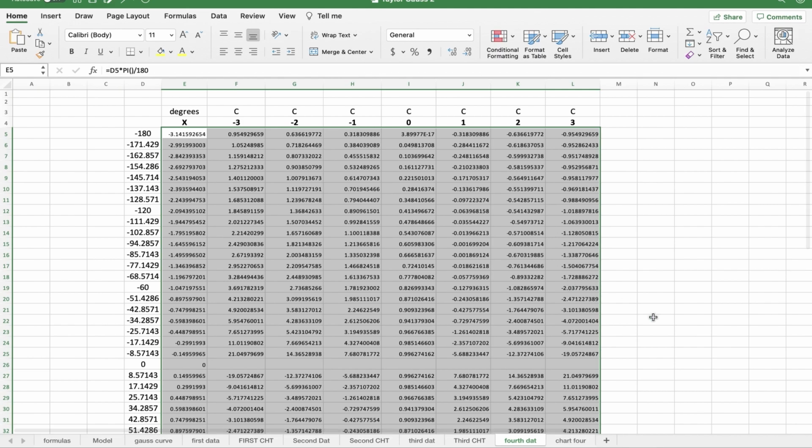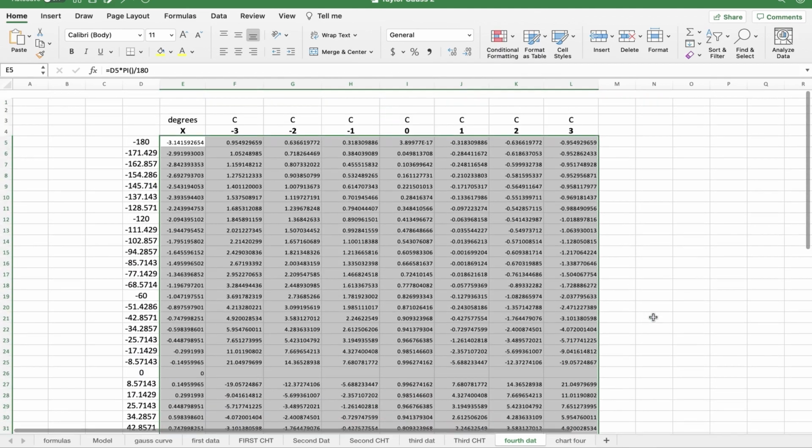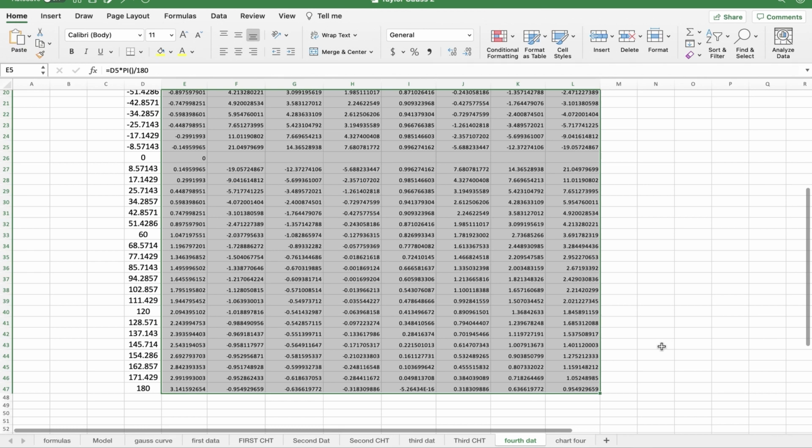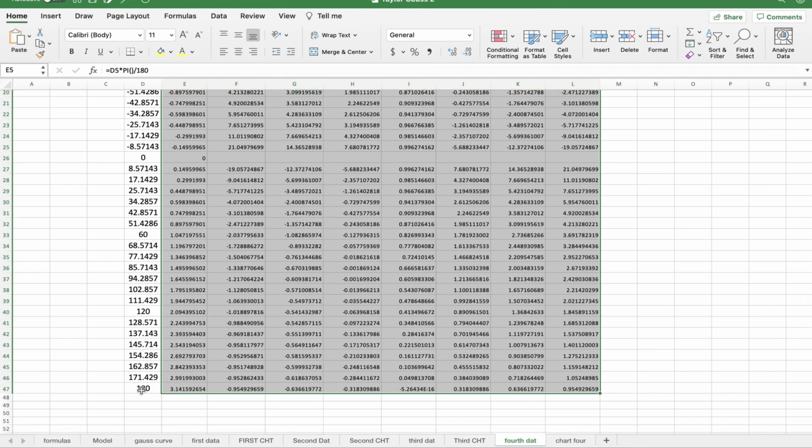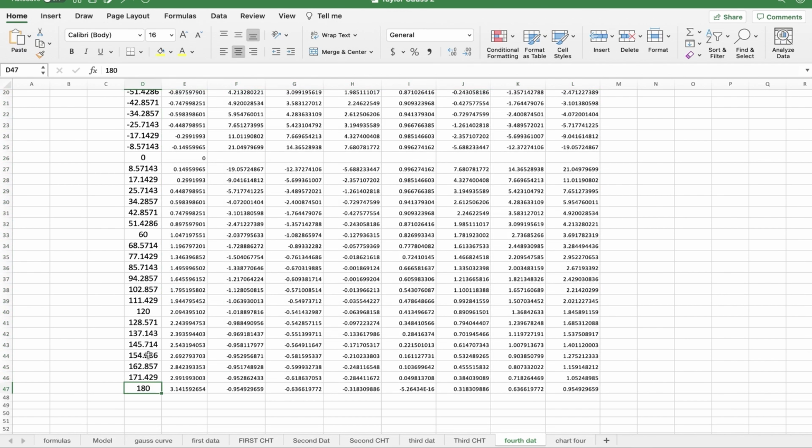Here's the table. You could see minus 180 degrees to 180 degrees, and I plotted it by, I think, a little more than 8 degrees each interval.